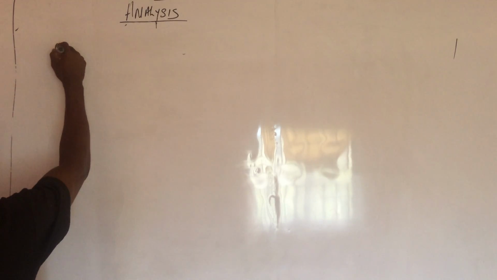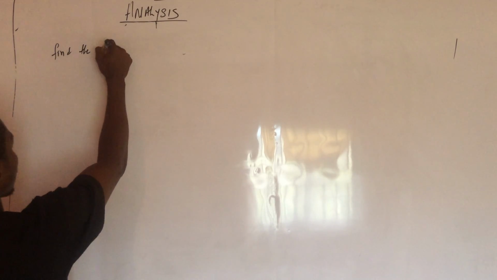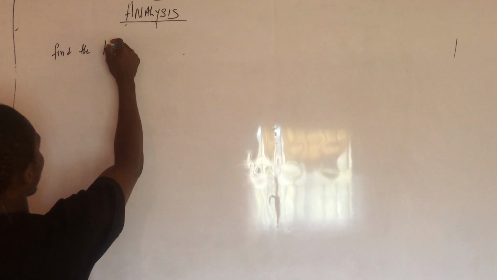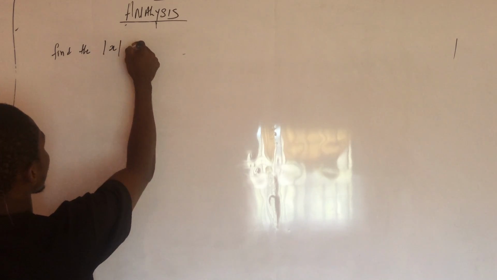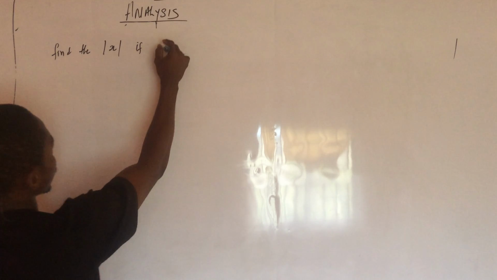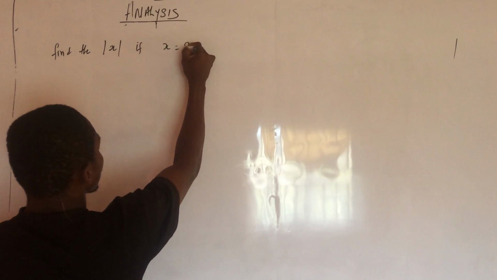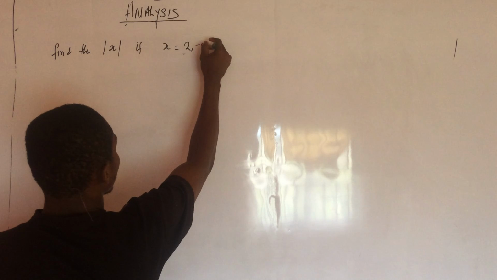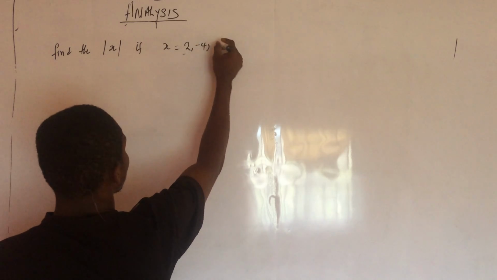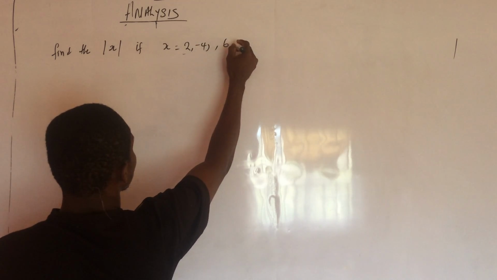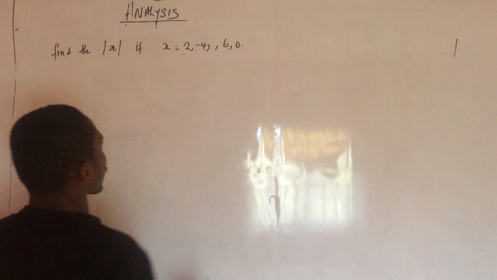Find the absolute value of x if x is equal to 2, minus 4, 6, and 0.